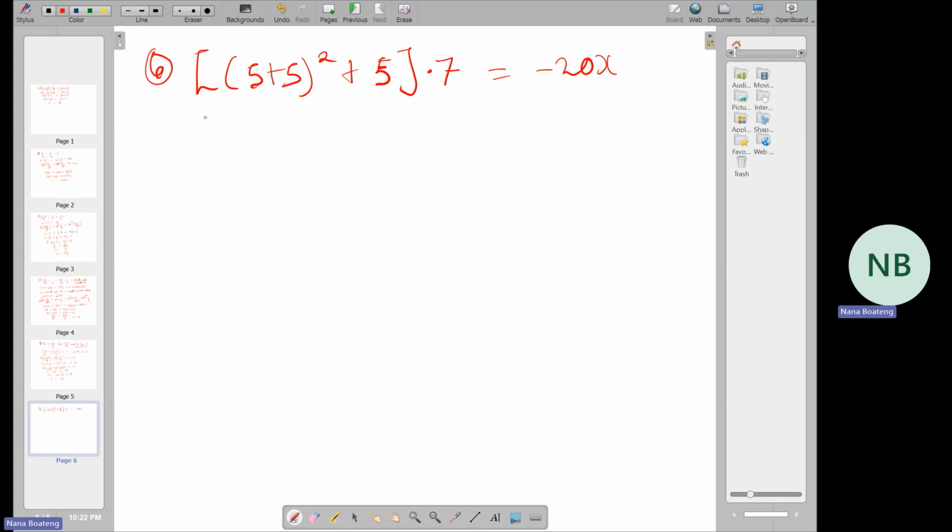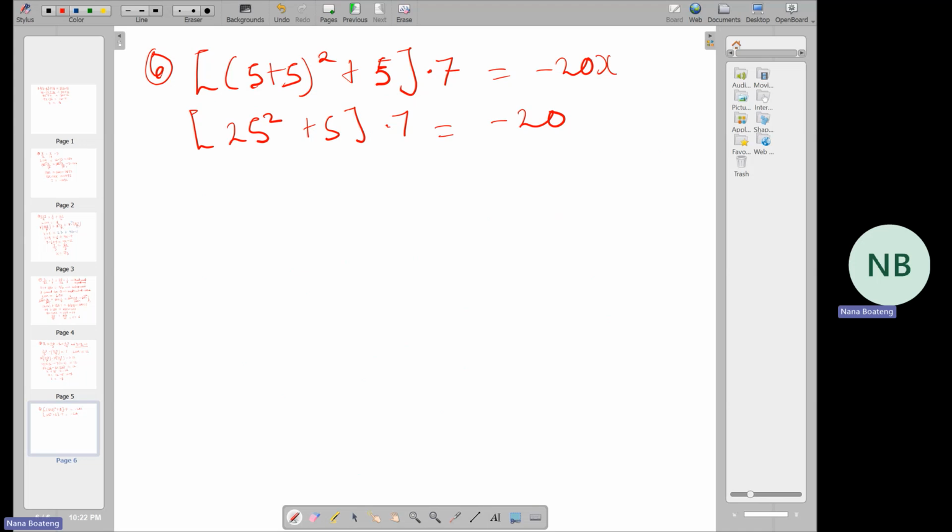So we have 5 plus 5 is 25, and squared plus 5 times 7 is equal to negative 20x.